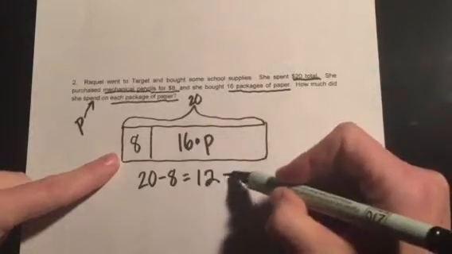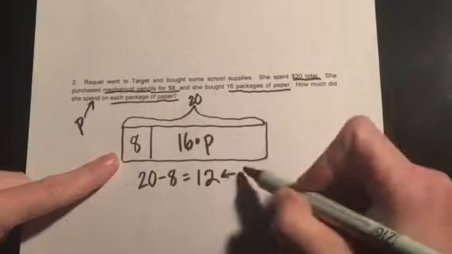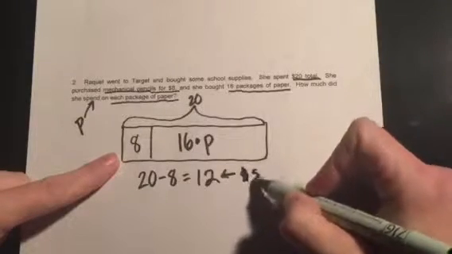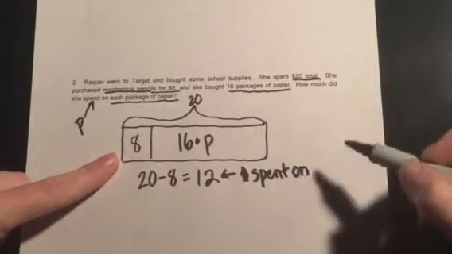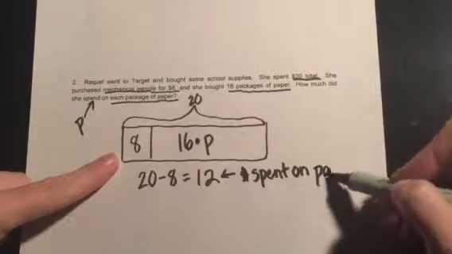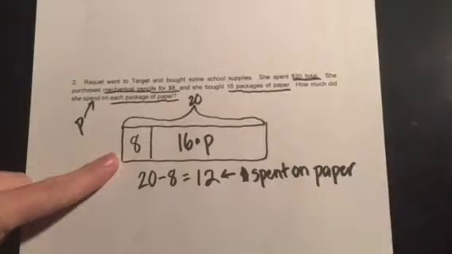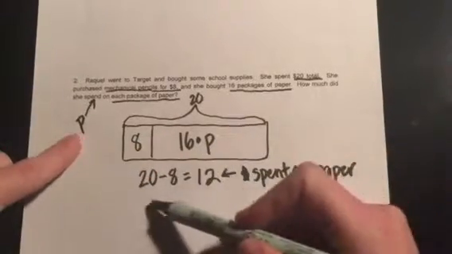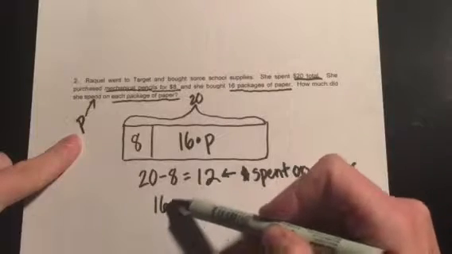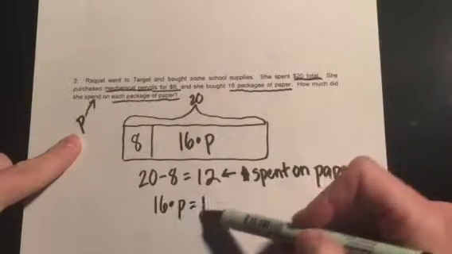Okay? And what this gives us is how much money she spent on paper, just paper. Okay? So that means this 16 times P equals that $12.